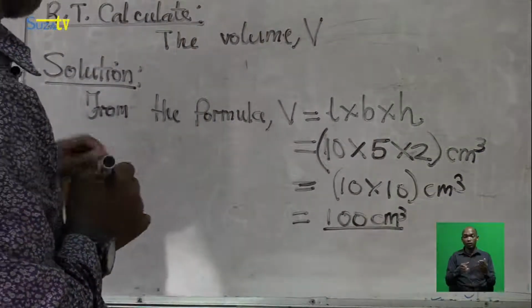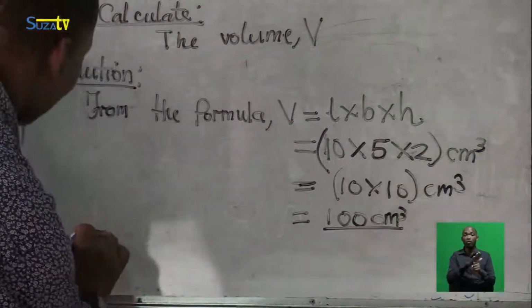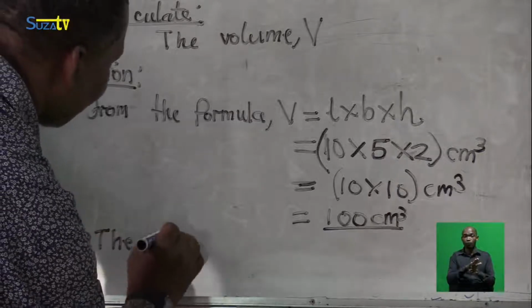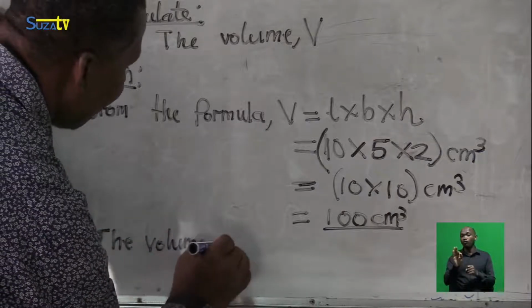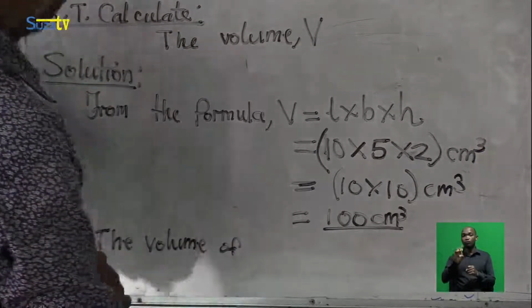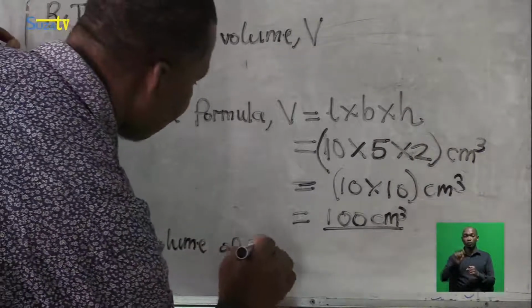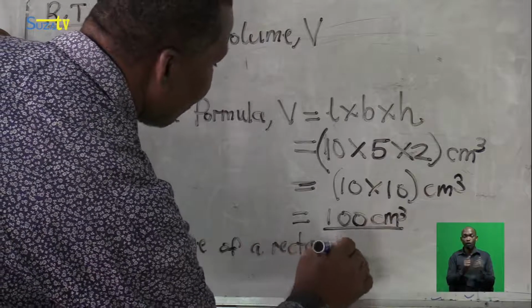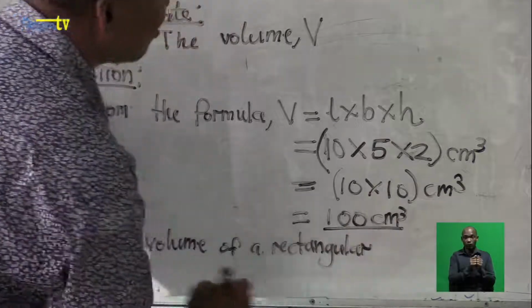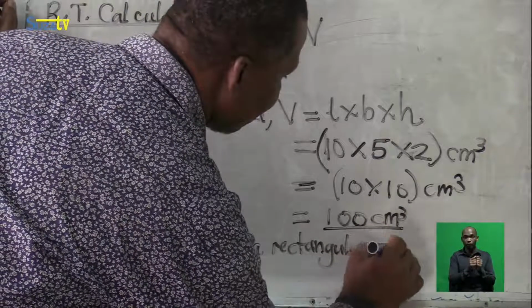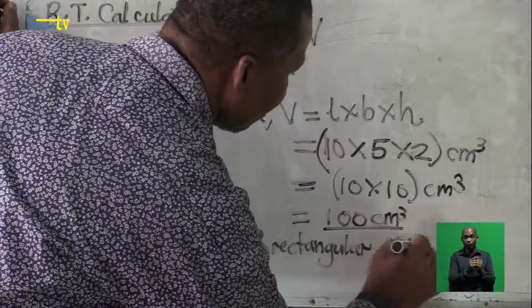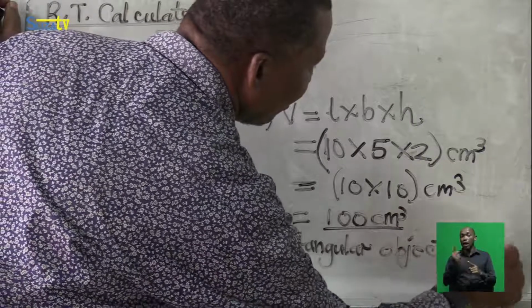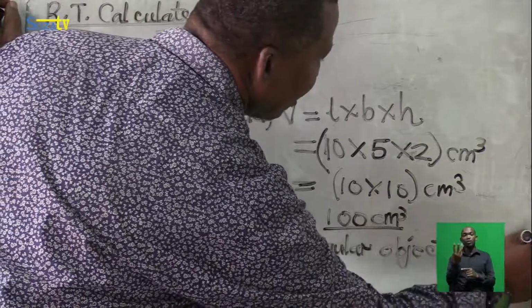So at the end, you have to conclude that the volume of a rectangular object is 100 centimeter cube.